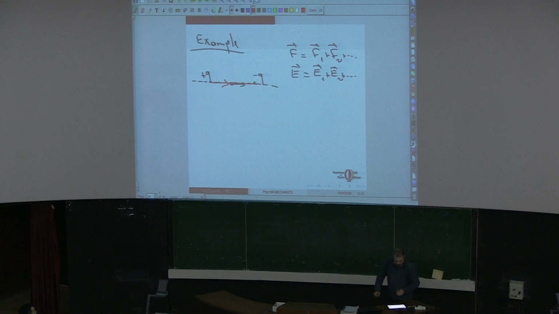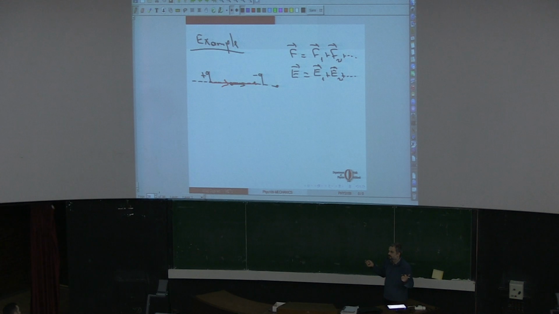Okay, let's look at that one. Let's choose this point, for example. Now the electric field created by the negative charge at this point will be in which direction? It will be towards the negative charge, so it's left. The electric field created by this positive charge at this point will be towards the right. Which one will be larger?